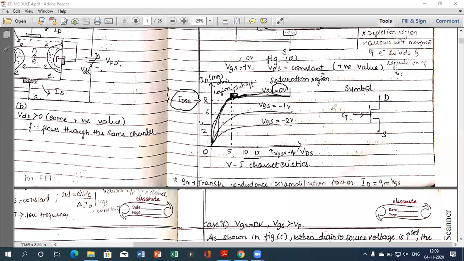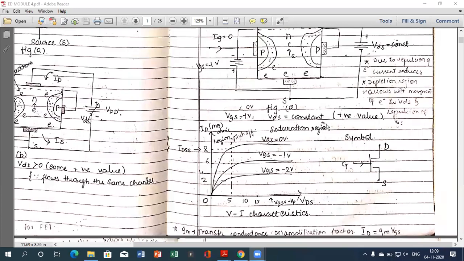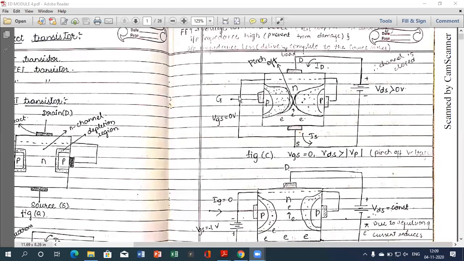So this is what happens when we go on increasing the VDS voltage to a maximum value. I hope it is clear for everyone. What I said, I'll just repeat in simple words. When VGS is 0, VDS is increased, the number of electrons increases and causes the maximum current.